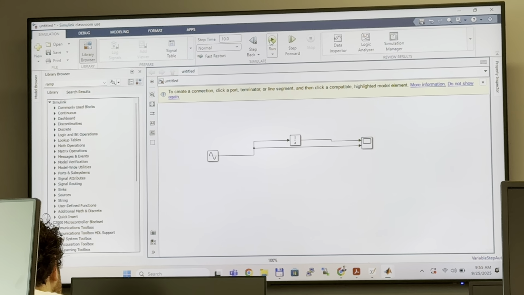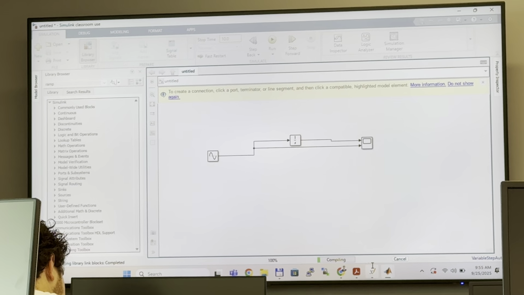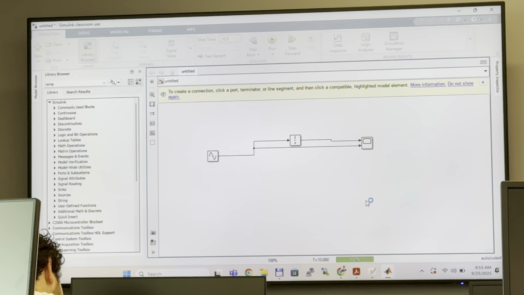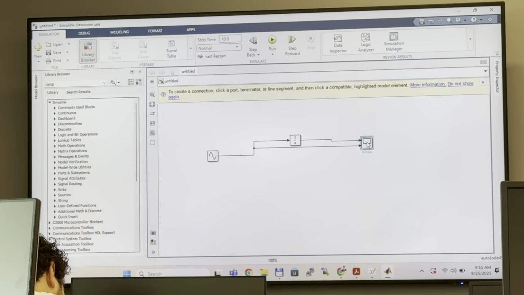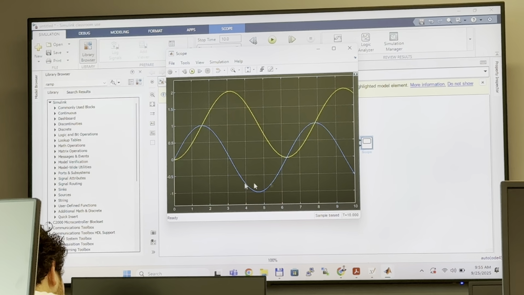If I simply hit run, it is compiling. So this is the original signal, and this is the integrated version.